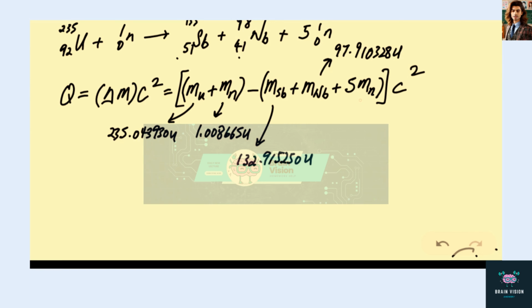The neutrons have the same masses. We can use C squared in the form of 931.5 MeV per u, since we are dealing with atomic mass units, and it'd be more convenient to get the energy in terms of MeV. The final answer we should get is 171.1 MeV.